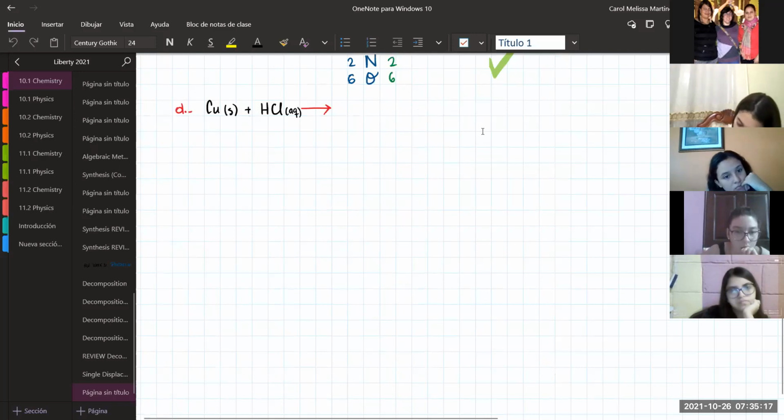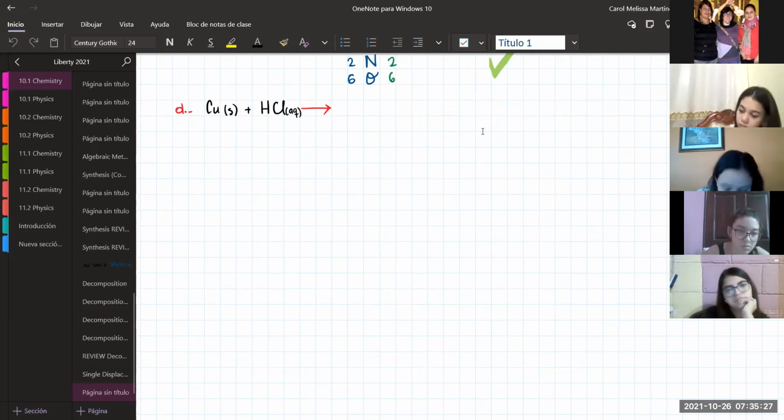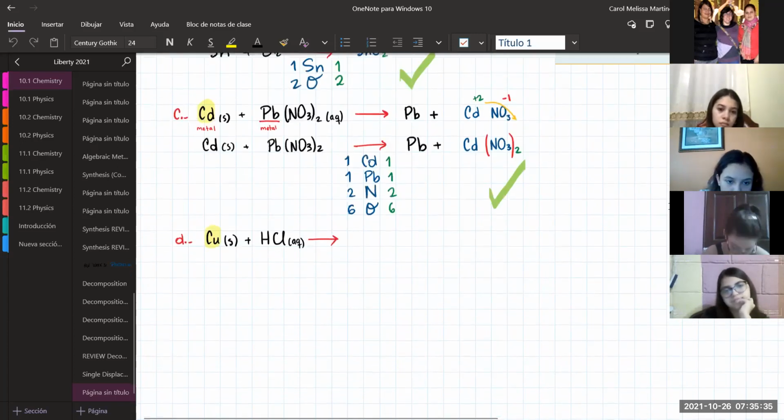So I need to see if this reaction will occur. To see if it is capable to occur, I need to see the single element. Okay, copper. So I'm going to look for copper. Copper right here is reacting with HCl, which is hydrochloric acid.